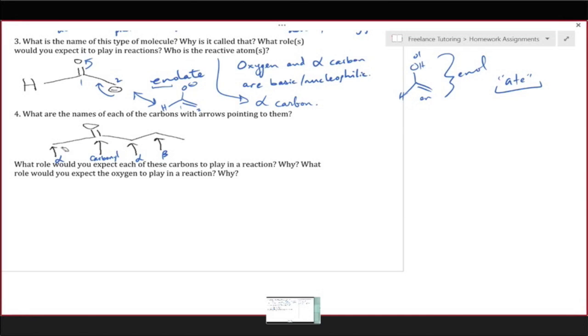How about the beta carbon? Not sure. The beta carbon. It seems to be too far from any pi bonds or lone pairs of electrons to have any kind of resonance to stabilize anything, so it wouldn't be very reactive, it seems.